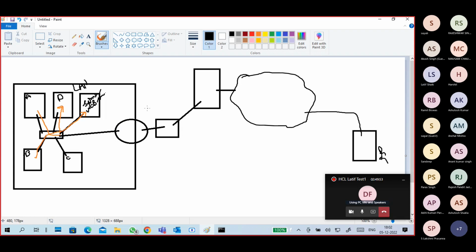Now we are connected to the internet. This is my LAN network. This is my outside, either we can say WAN or we can say internet. This is the ISP, my modem, and my router, my default gateway, whatever it is.